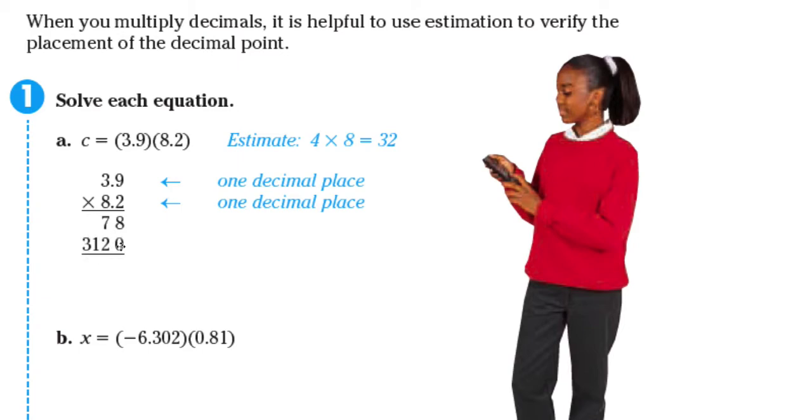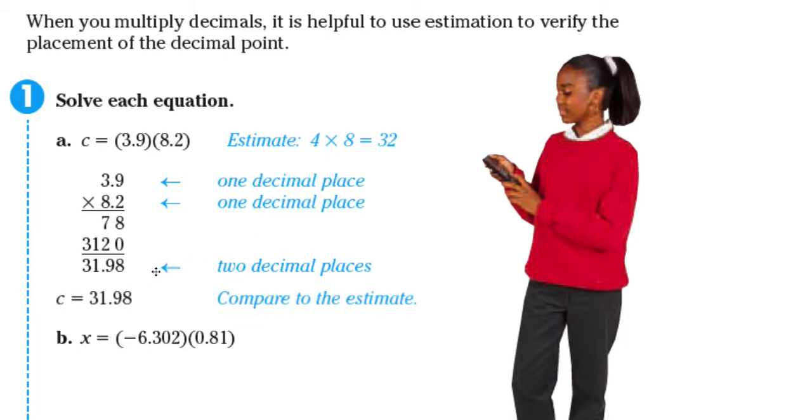If we add them all up, we end up with 31.98 because we simply added one decimal place plus one decimal place, which gives us two decimal places. And c equals 31.98, and if we compare the estimate to our answer, they are very close.